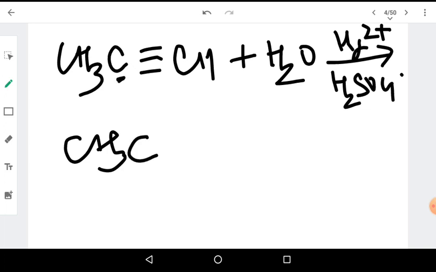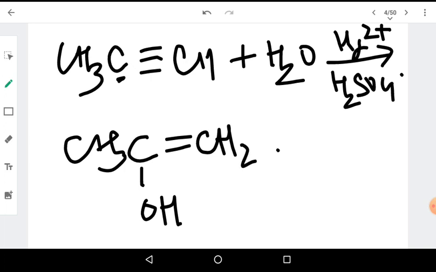We have to make the poor one poorer. So we have to add the OH group here, break the triple bond and make it a double bond. To this side we will add hydrogen because this is rich in hydrogen, so we will add more hydrogen to that. We have to make the rich one richer. So we will be getting CH3C(OH)=CH2 as the compound, right? So this is what we have got over here.